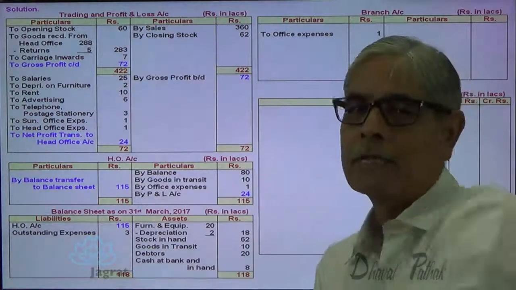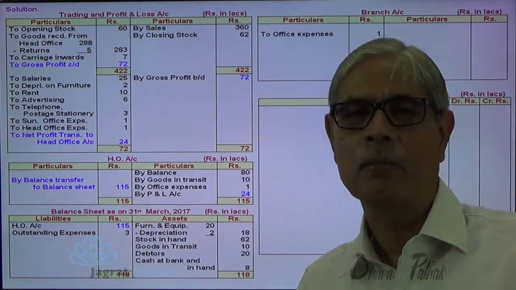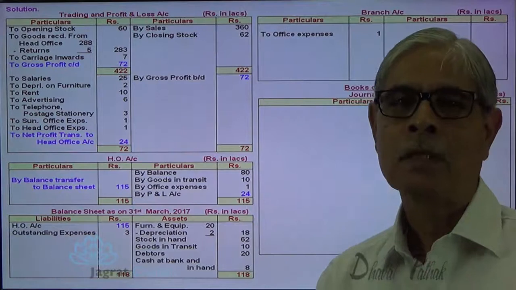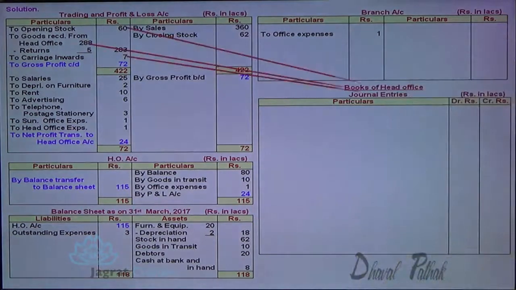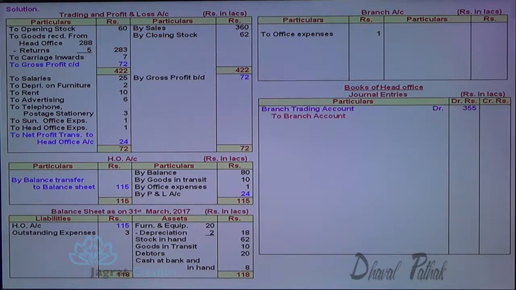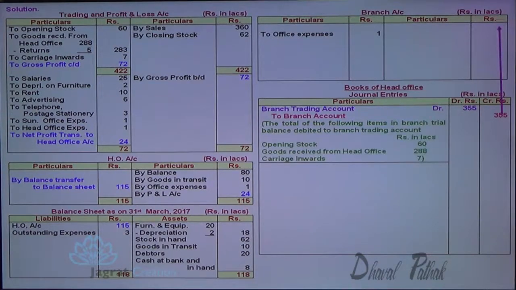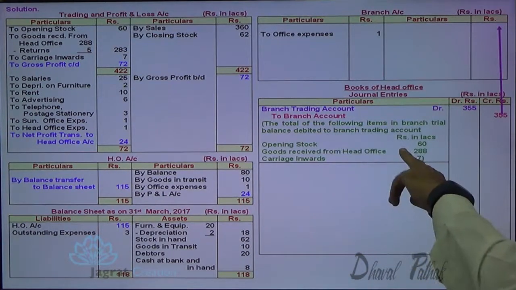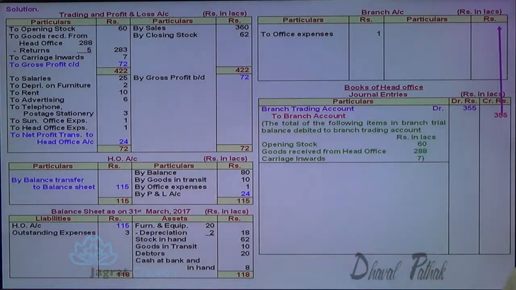So all these items on the debit side for that branch are presumed to be given. Total of these three items is 60 plus 288 plus 7. Branch trading account debit to branch account credit. Look at the narration. These are the three items of the trial balance. I write on the credit side of the branch account 355.